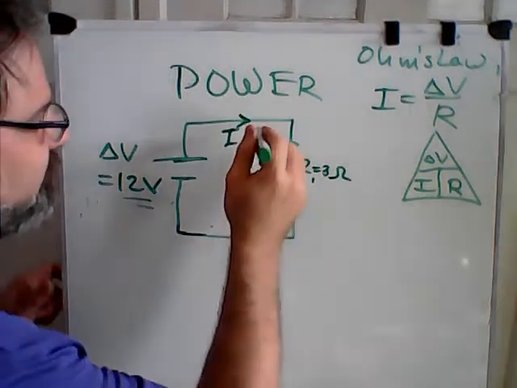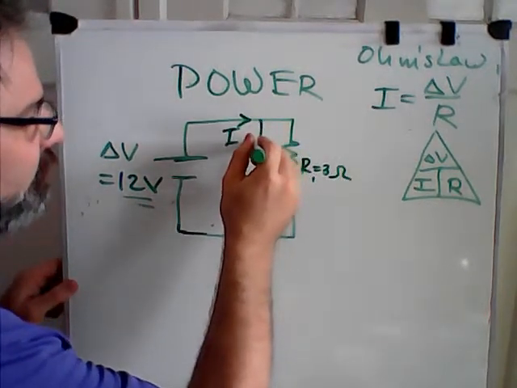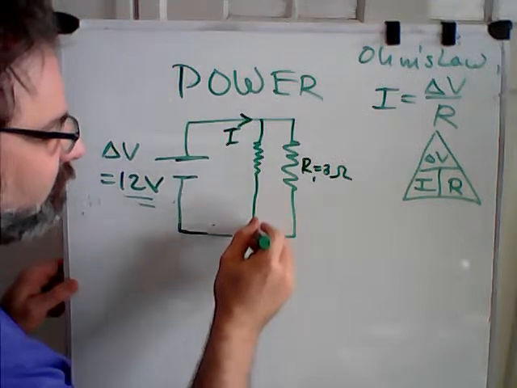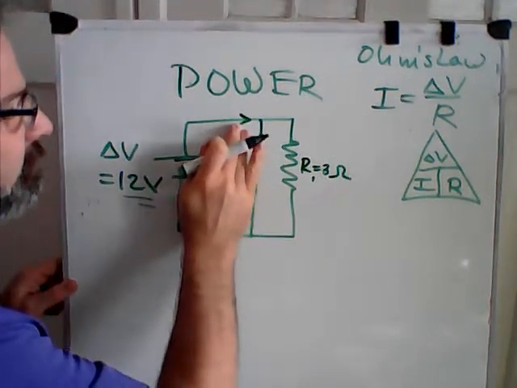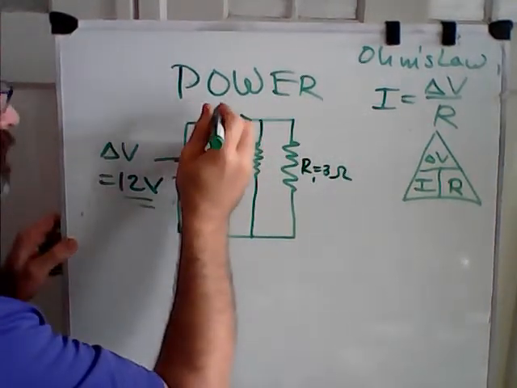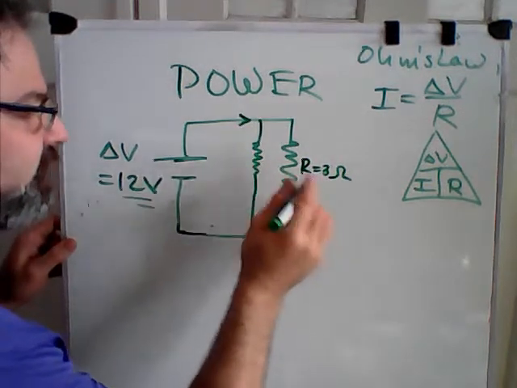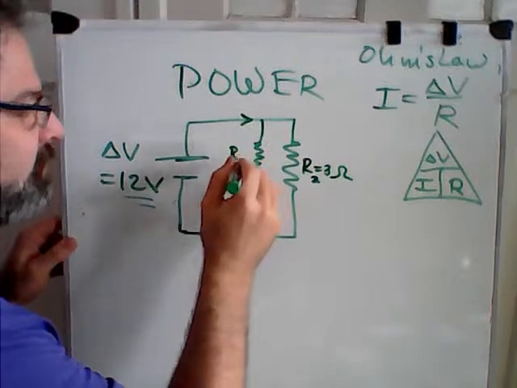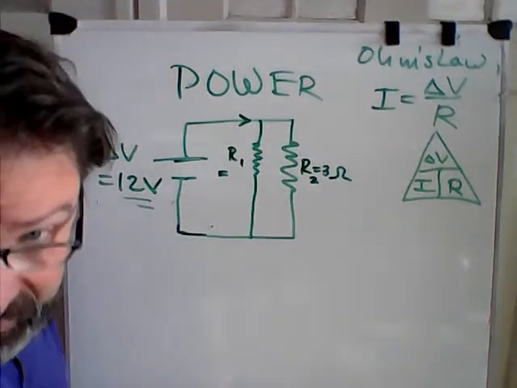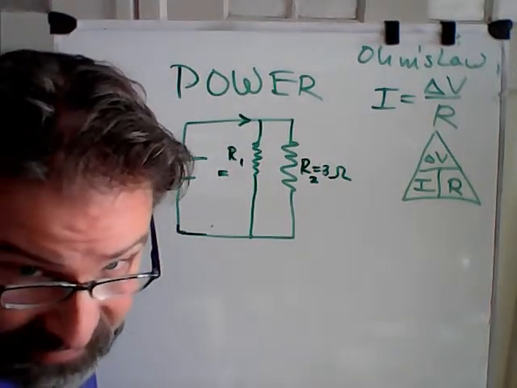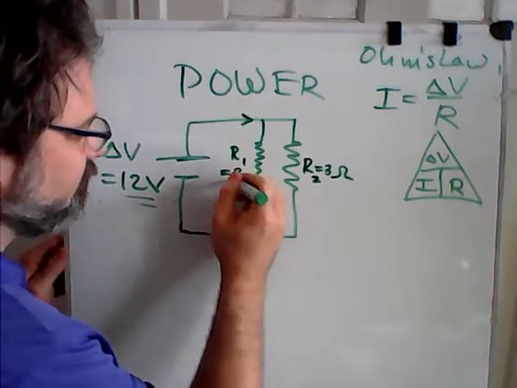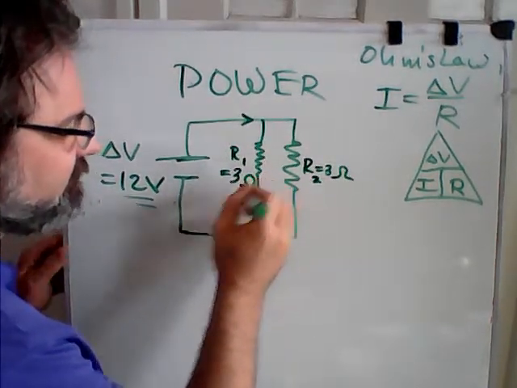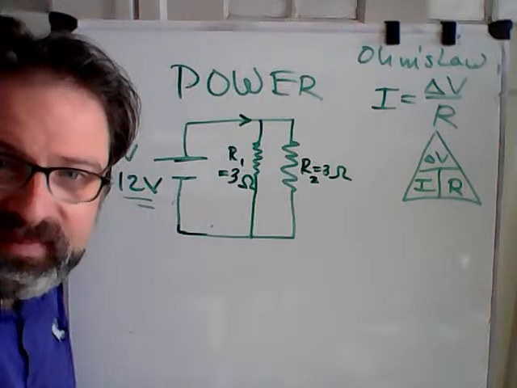Now let's say we put a second resistor in, like one right there. Let's call this R2, the one on the right side, and this is R1. And let's make it the same resistance. That wasn't necessary, but let's just assume it is.